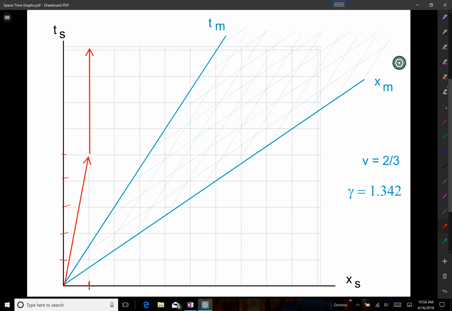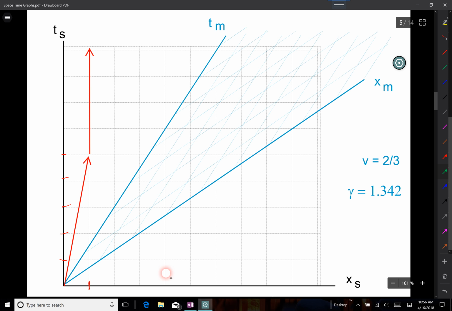Then we have another piece of information that says we flew at 3/4 the speed of light for 8 seconds. 1, 2, 3, 4, 5, 6, 7, 8. 1, 2, 3, 4, 5, 6.